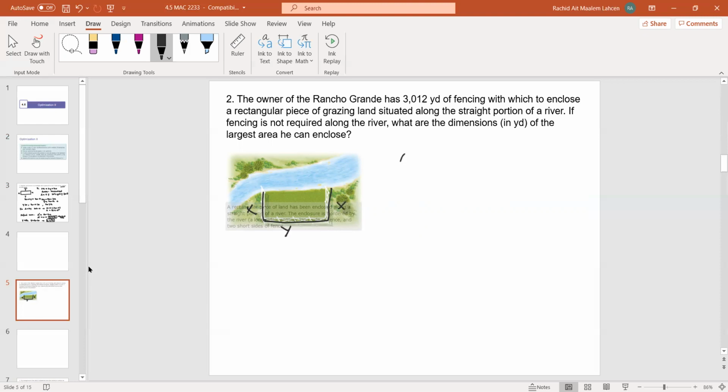So based on this, 2x plus y equals 3012, which is the amount of fencing that is available. But the purpose as well is to maximize the largest area. So similarly, the area is x times y, and this is to maximize.